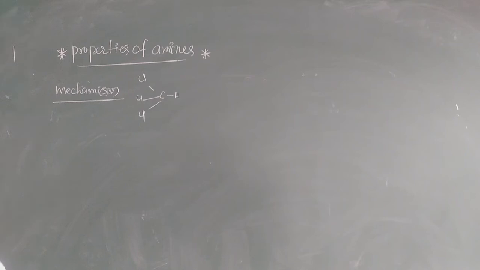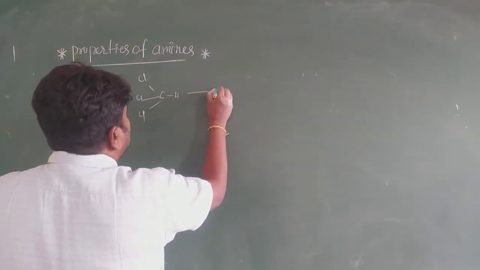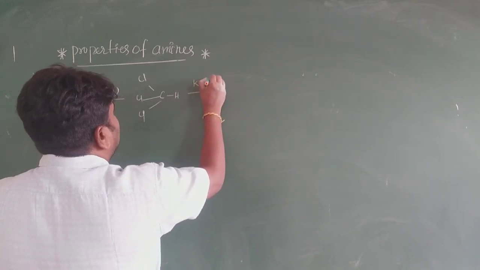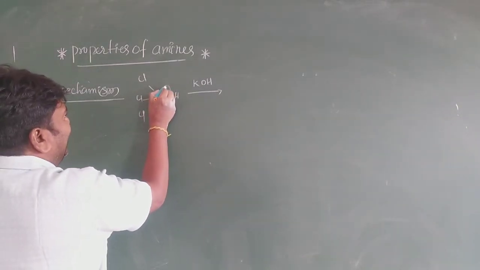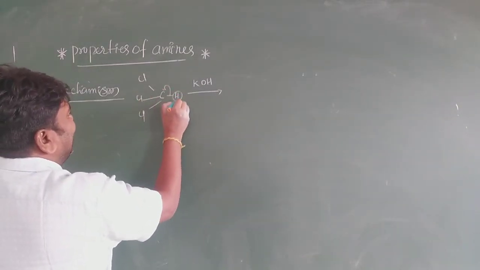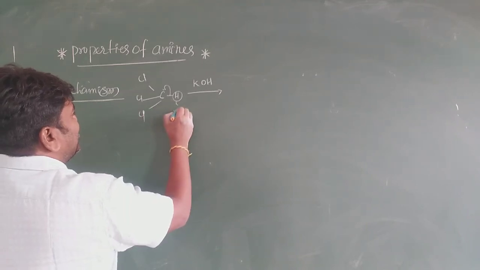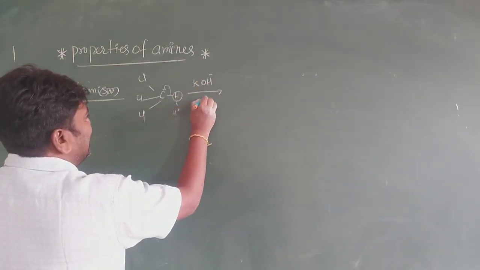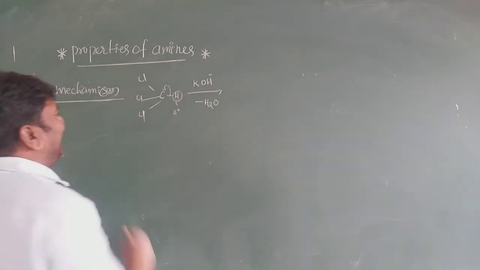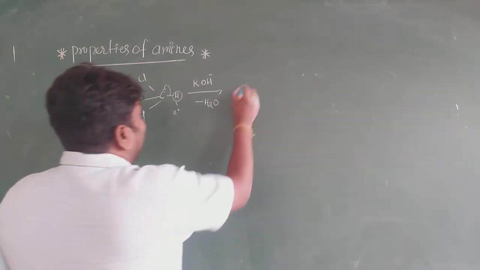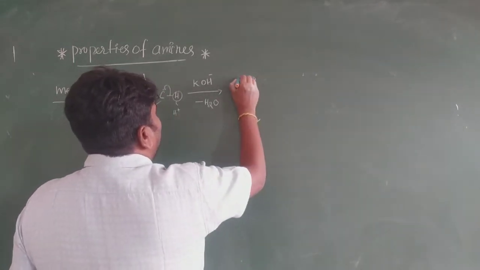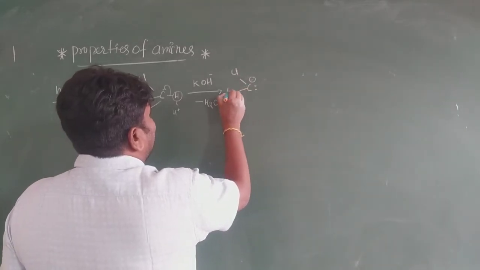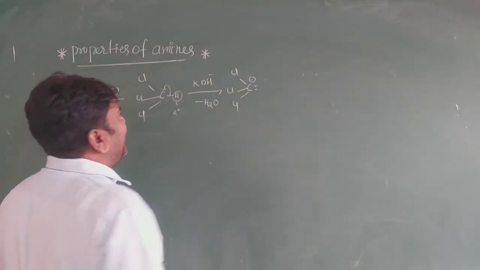What happened here in presence of KOH? These two electrons are gained by carbon. It is eliminated as H plus. This H plus and the OH minus combine, and H2O is eliminated. Next, the carbon has a minus charge with a lone pair, along with the chlorines. What happened here, my dear students?